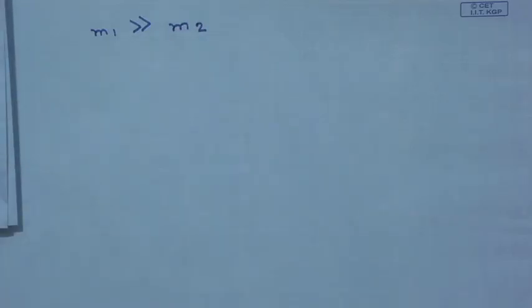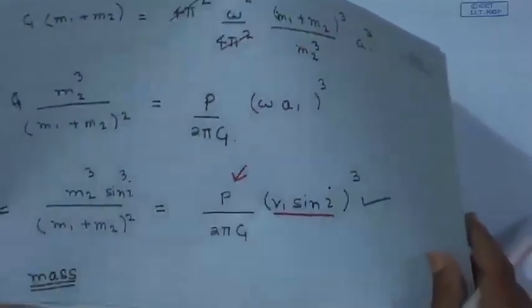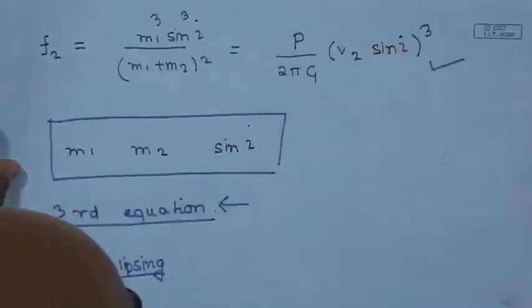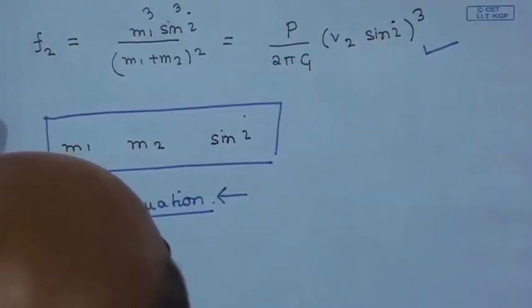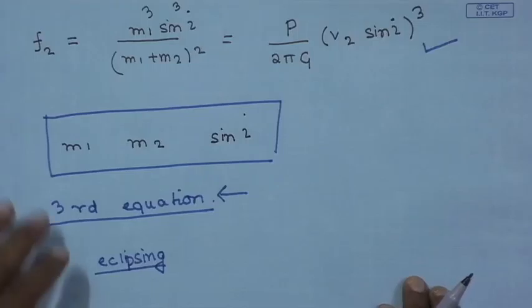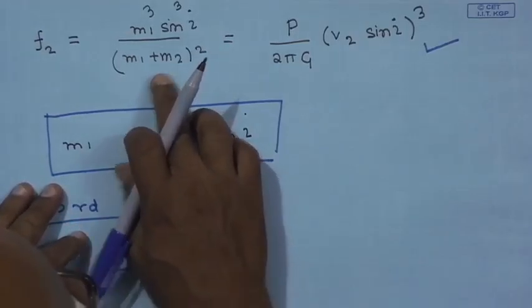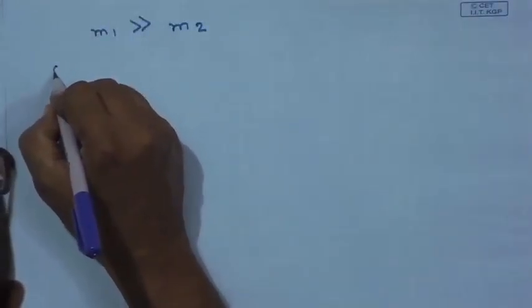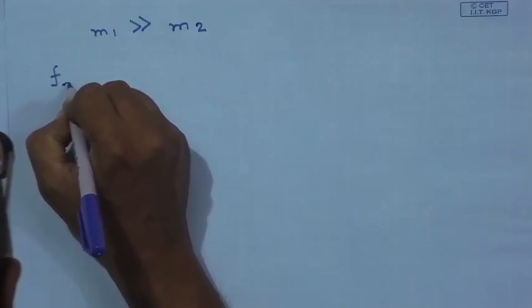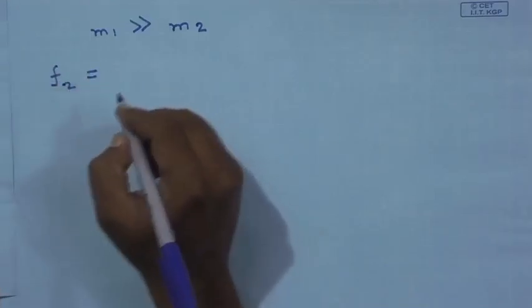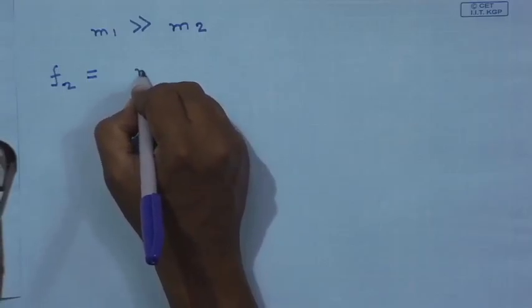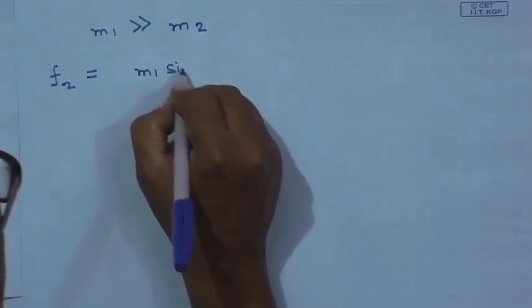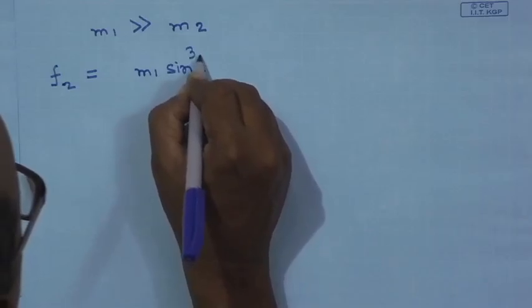So, if I know that one of the masses is much larger than the other, then m2 can be dropped from this equation, and what this gives me is that f2 is equal to m1 sin I cube.